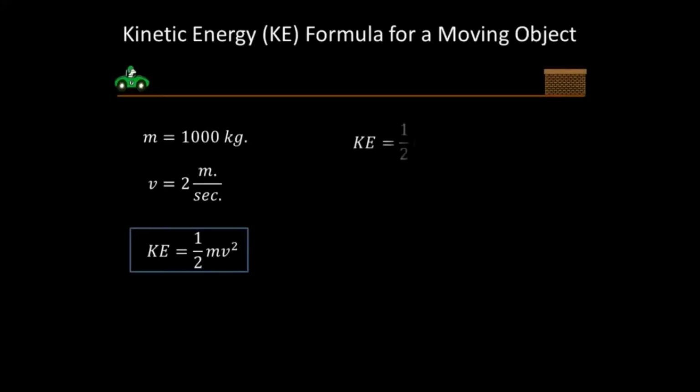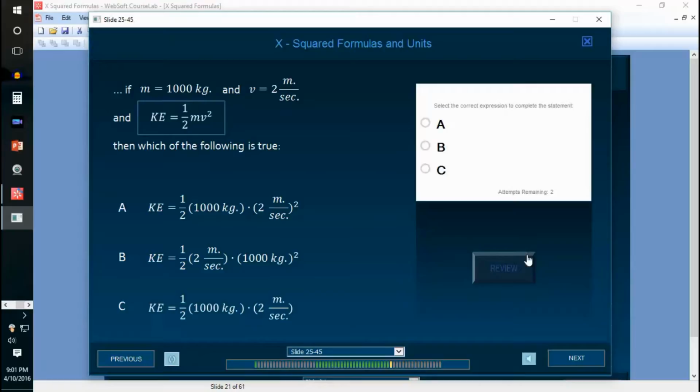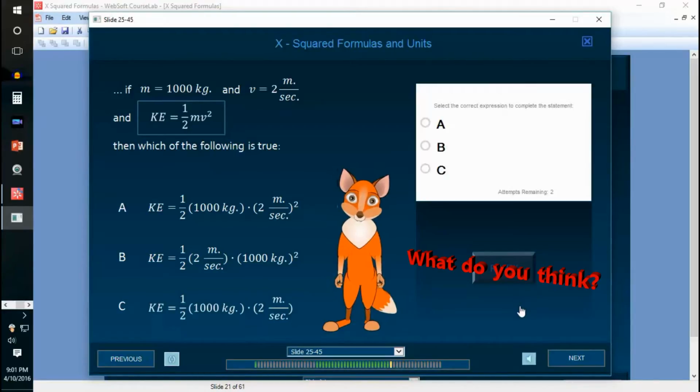The kinetic energy will be equal to 1/2 of 1,000 kilograms, the weight or mass, times the speed squared. The speed is 2 meters per second. If the mass equals 1,000 kilograms and the velocity equals 2 meters per second, then which of the following shows the correct replacements in our formula?